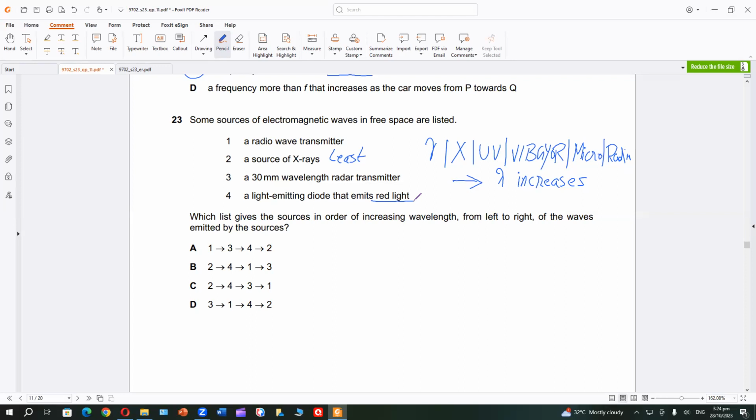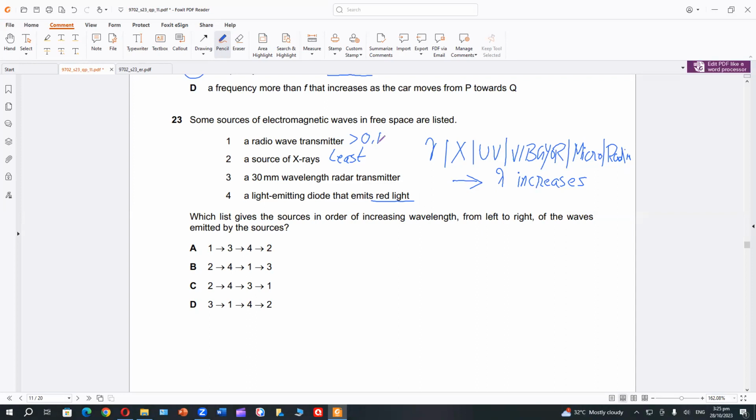So it will be C because radio wave has the biggest wavelength. How much is a radio wave in that table? Radio is 0.1.